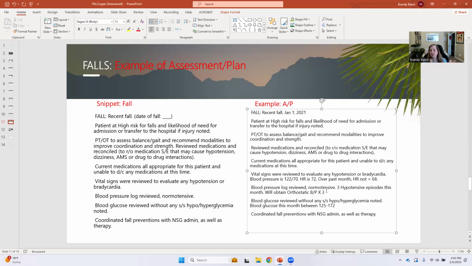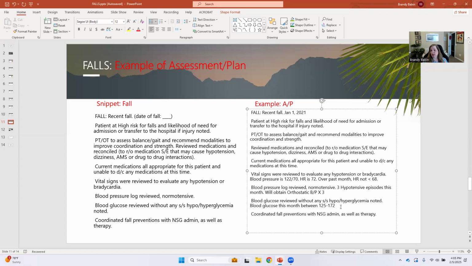Again, we're still under the assessment and plan. What was our assessment? They had the fall. They're at high risk for falls. And what's our plan? Our plan is for PT and OT to look at them, medications to be reconciled, vital signs were reviewed, blood pressure log reviewed, blood glucose log reviewed. And then I put like what their blood glucoses were between 125 and 172.